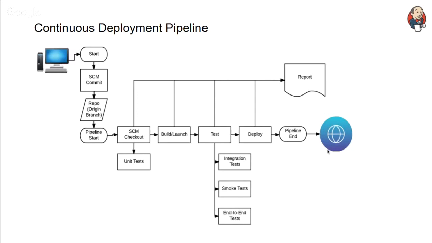Once it deploys, it generates a report to see whether the build was successful and what was done. Then your pipeline ends and your code is in production and operational. This is how the whole flow of Jenkins works.